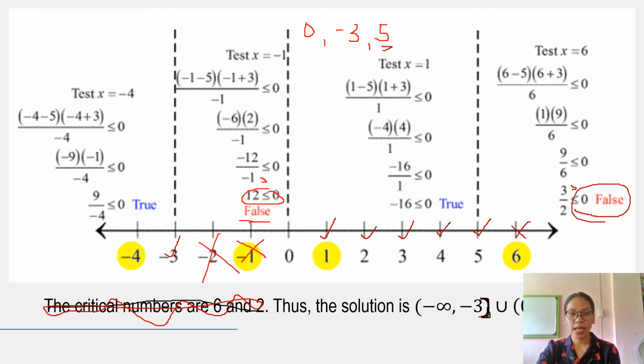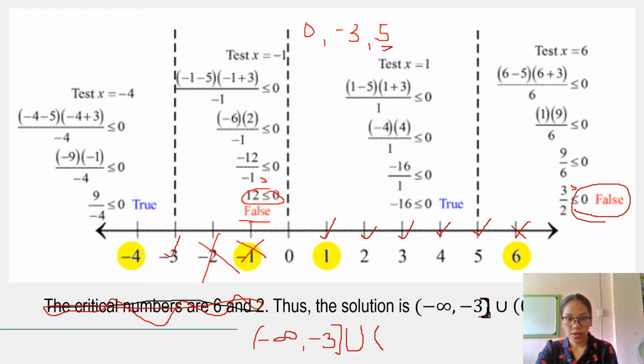So that means our solution will be negative infinity, then we have negative 3. Since kasali yung negative 3, then union natin. Union, since bawal yung 0.